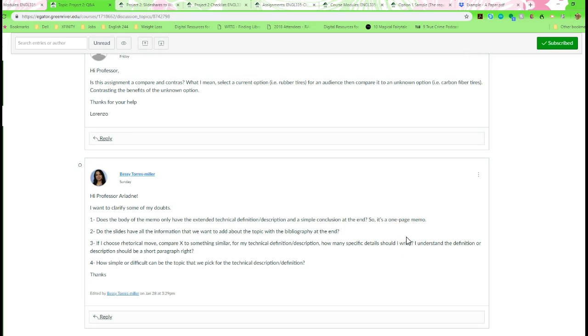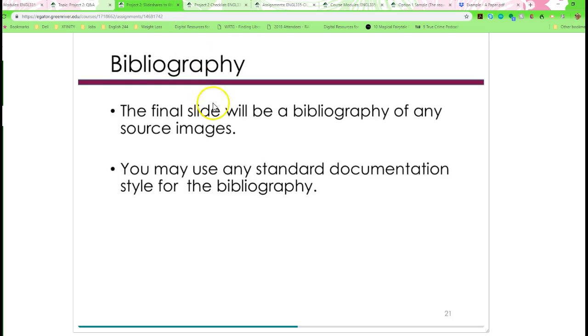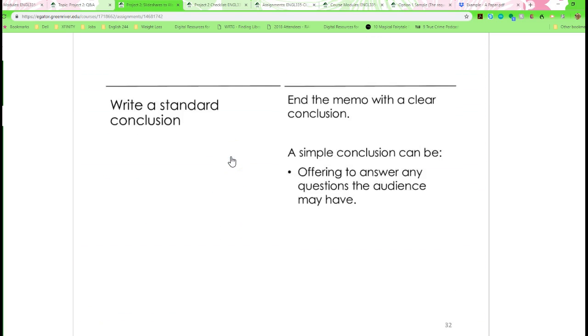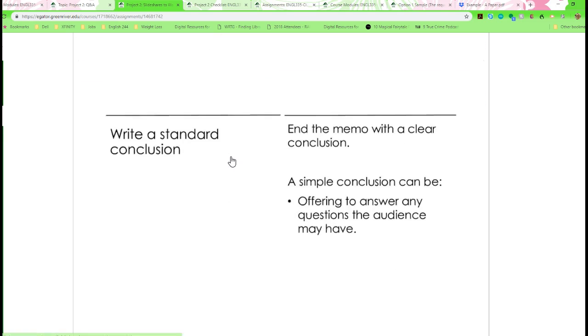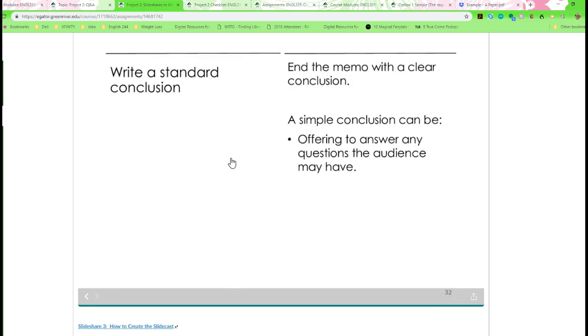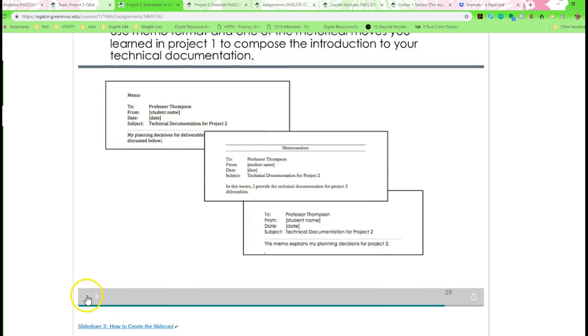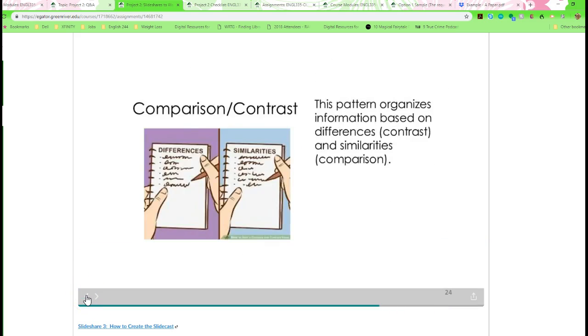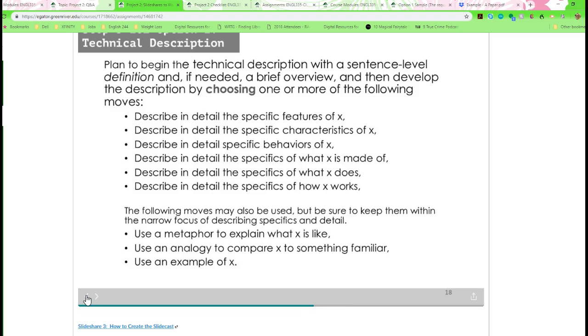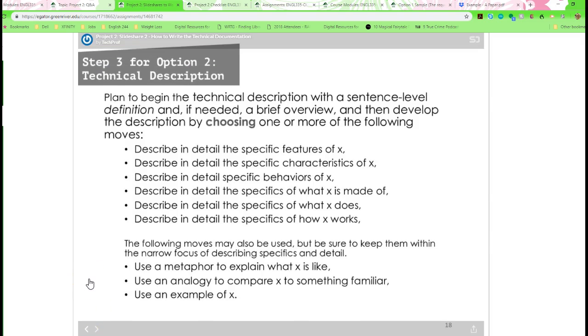Perhaps it might go over, depending, because if you look, there's a lot of stuff that could be going on in there. If we go back to what I'm asking you to do, when you go and you extend, this is SlideShare 2. So when it asks you to, like a technical description, you develop the description by choosing one or more of the following moves.